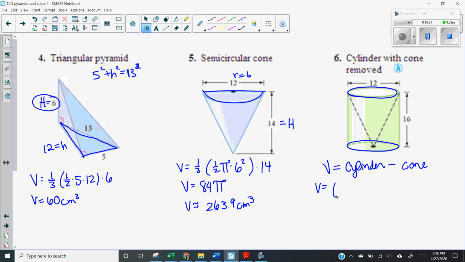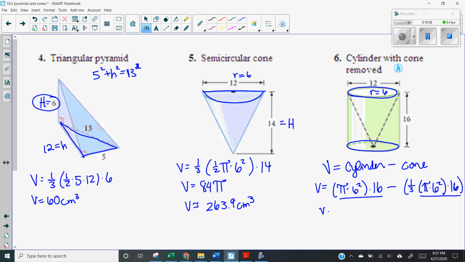So I'm going to put the whole cylinder in parentheses here, pi r squared times the height of the whole thing, 16, minus a third of pi r squared times 16. Now, if you're comfortable with this idea, notice these are the same. We basically have the whole thing minus a third of that. We're really left with 2/3 of the cylinder. If you are comfortable just finding 2/3 of the cylinder, go for it. That's a much easier calculation. Conceptually, it's a little bit harder.